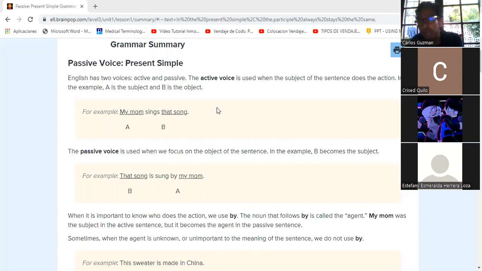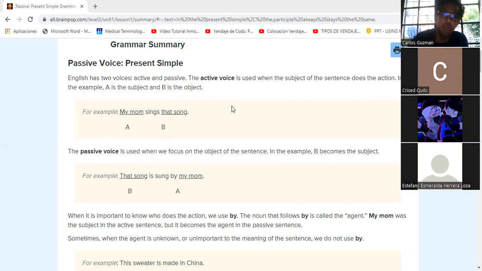And this is what we talked about yesterday, and this is in a different way. We saw it in the Jamboard, like with the A and B example. It just says the same thing. Active and passive, those are the two voices that we have in English. The active voice is when the subject of the sentence does the action.